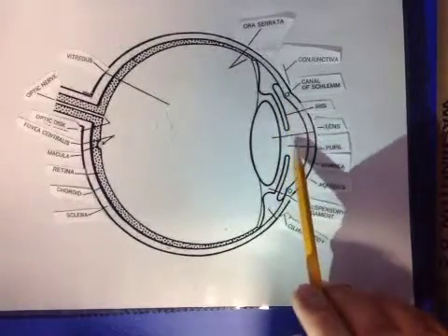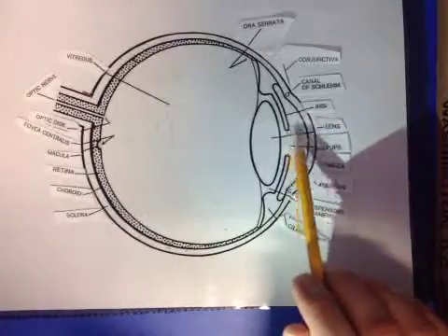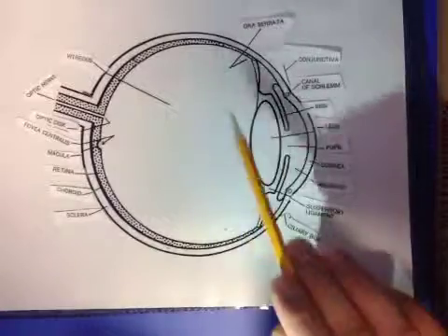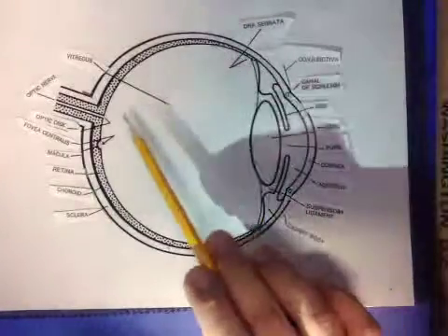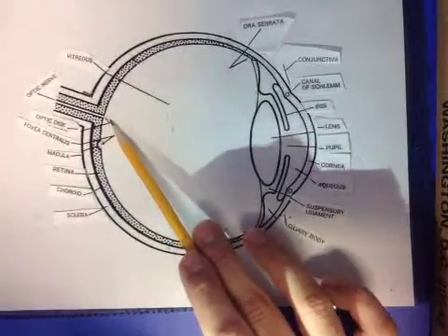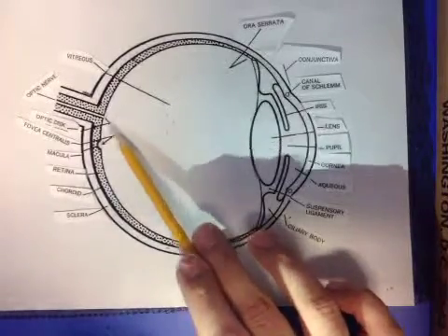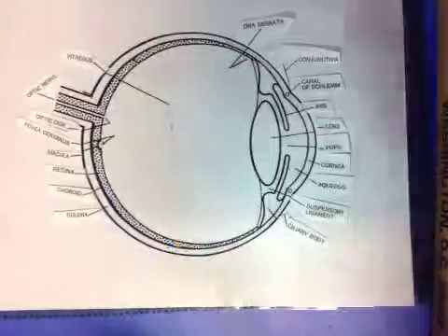When that becomes blocked, it has nowhere to go, so it builds up and builds up and builds up, and then intraocular pressure builds up, and that ends up damaging the optic nerve. And when that happens, a lot of times vision loss occurs.